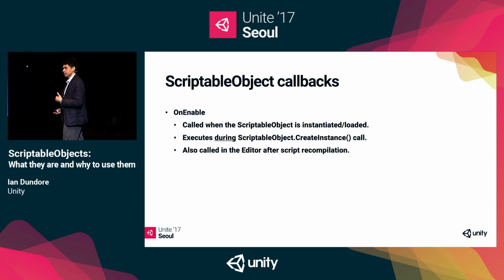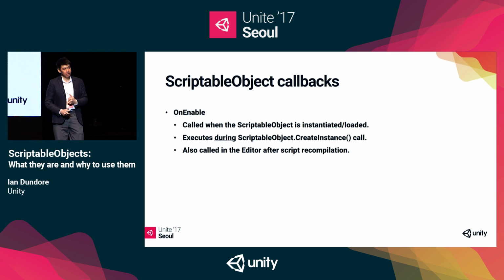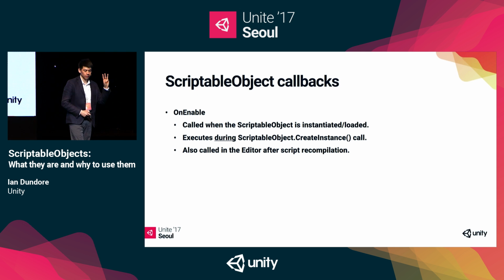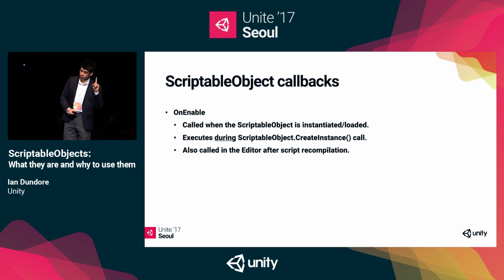What callbacks does a scriptable object receive? It's not 0, it's 3. First, easiest to explain, OnEnable. It is called when the scriptable object is instantiated or loaded. Now remember, this is a synchronous call.